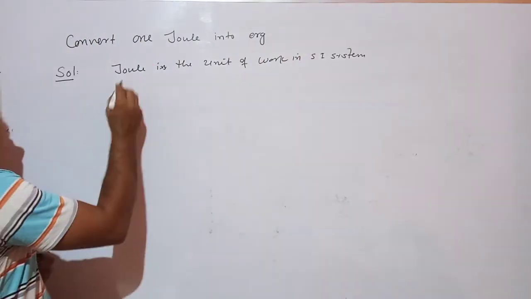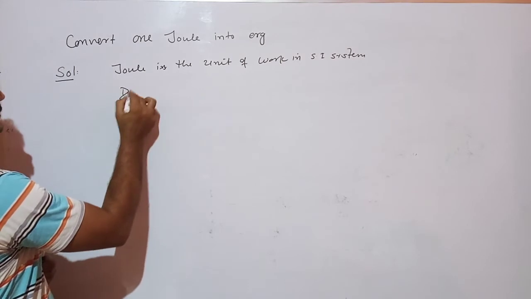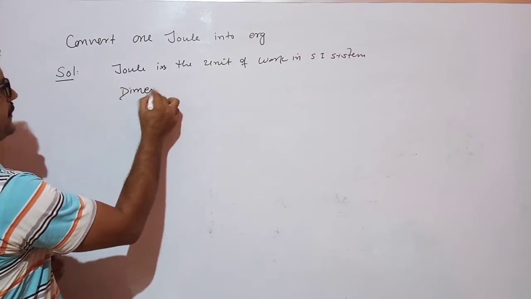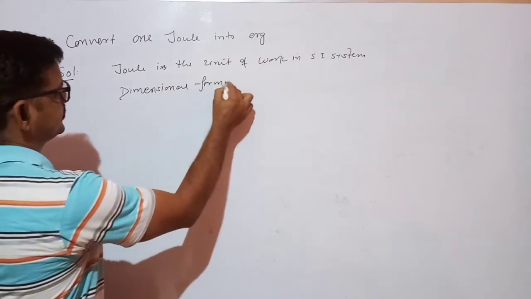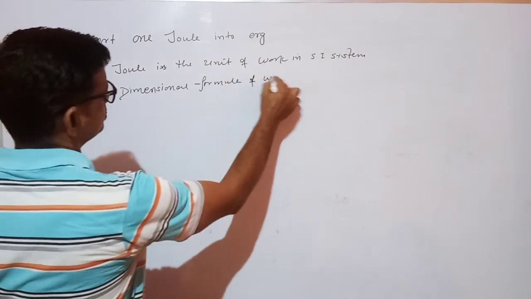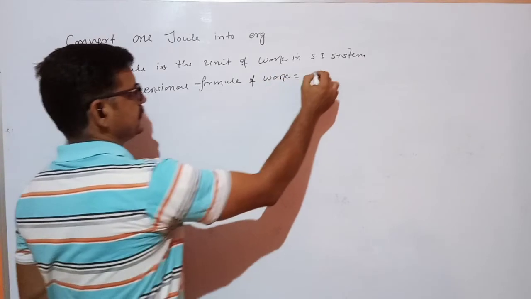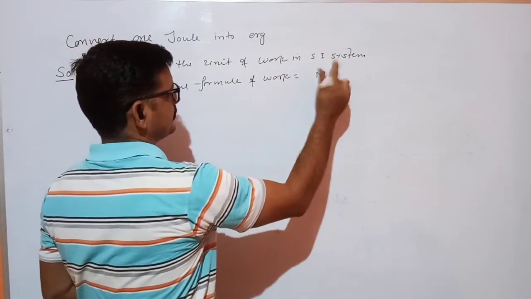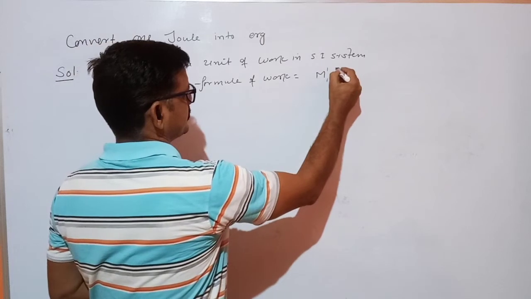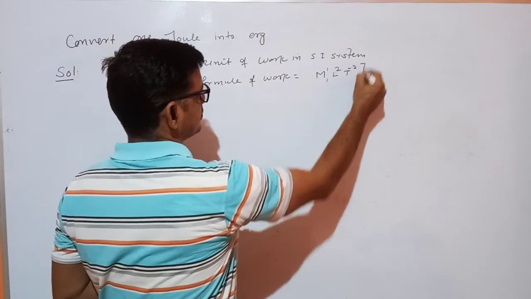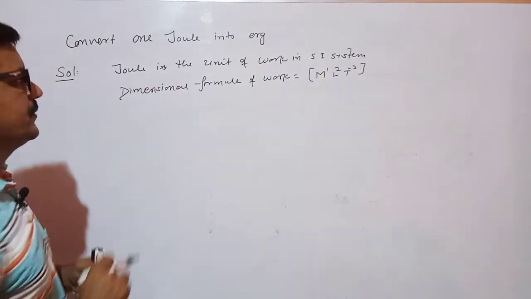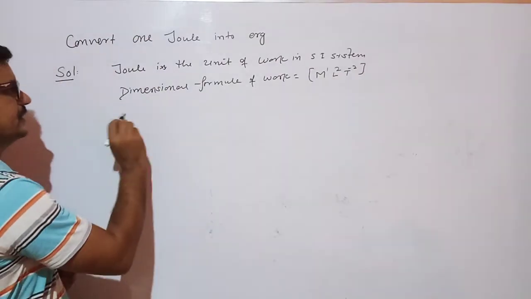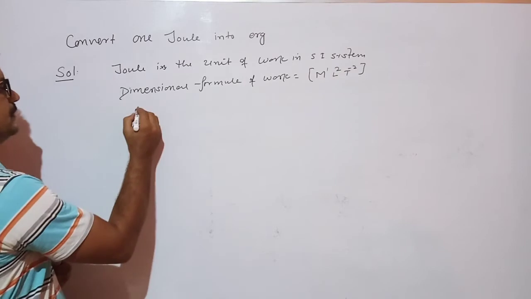What is the dimensional formula of work? It should be known to you. The dimensional formula of work, and we know it is M power 1 L power 2 and T power minus 2. So from here you can find the values of a, b, c.